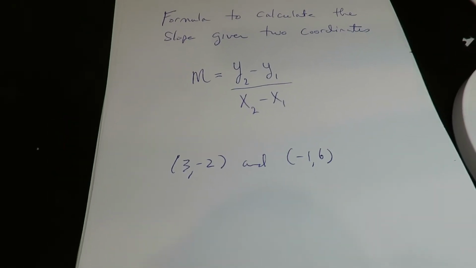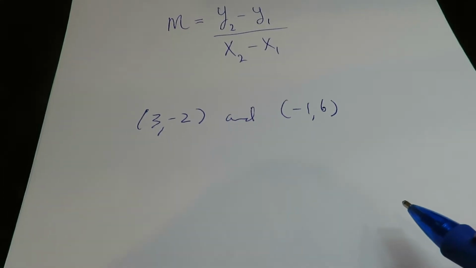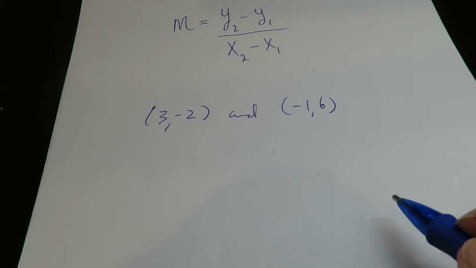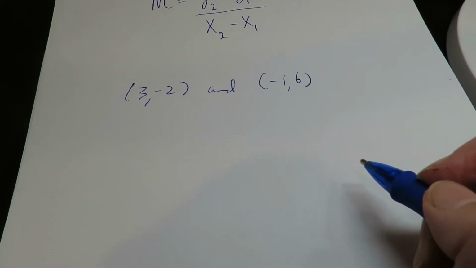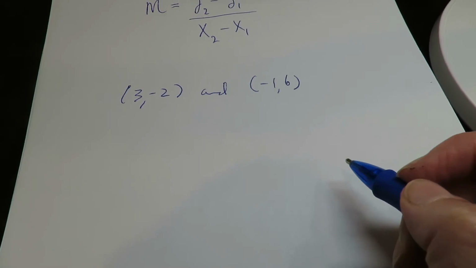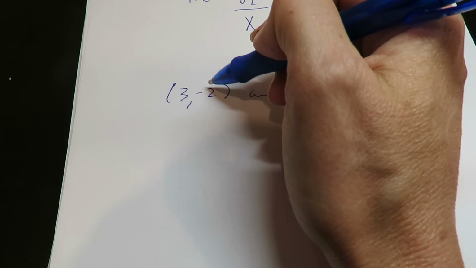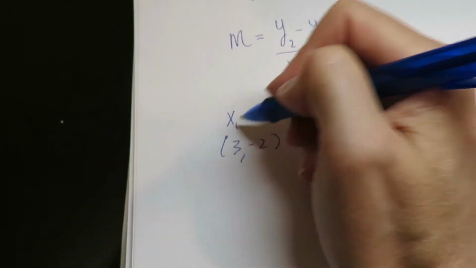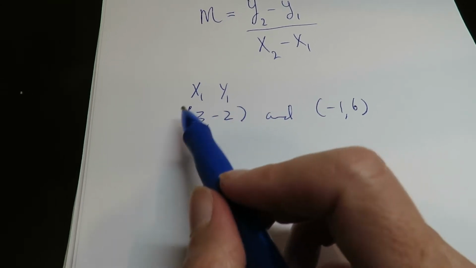Okay. Now, when you're doing this, it doesn't matter who you call your first point or who you call your second point. What does matter, what you have to do, is that you have to be consistent. So, if you call this your first point, this has to be the x value of the first point. This has to be the y value of the first point. So you must be consistent within the point.